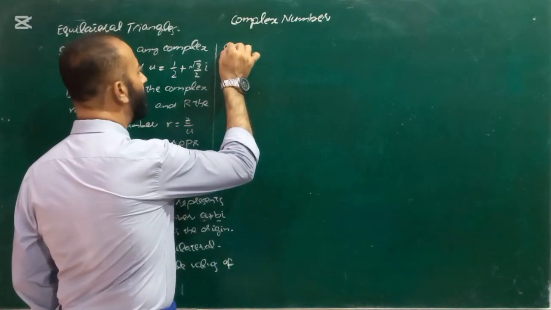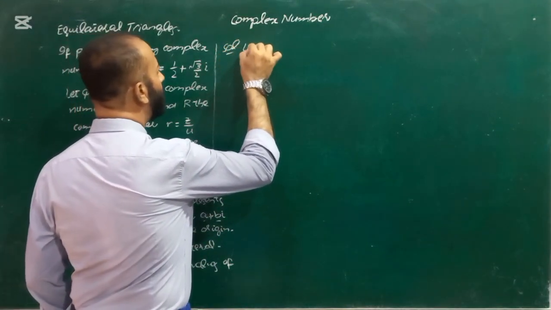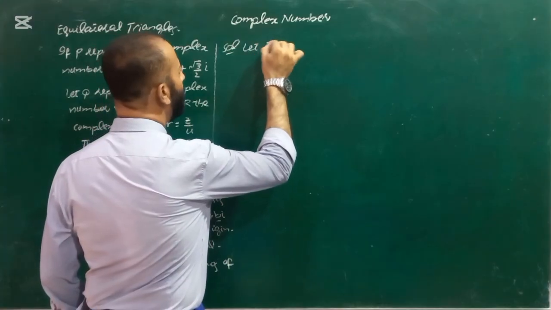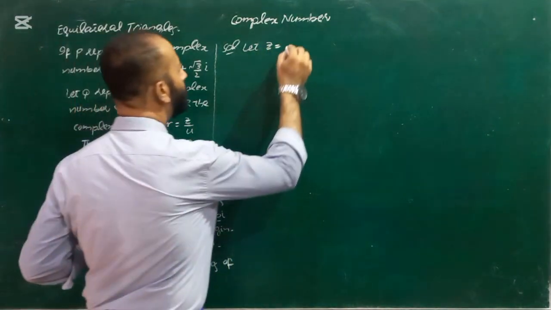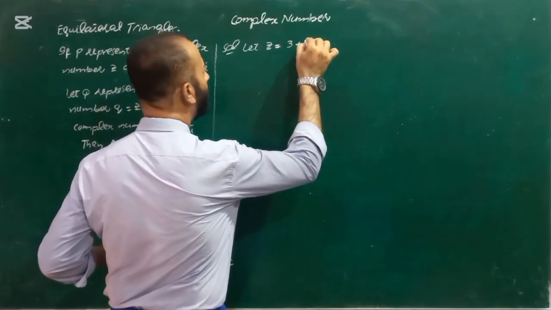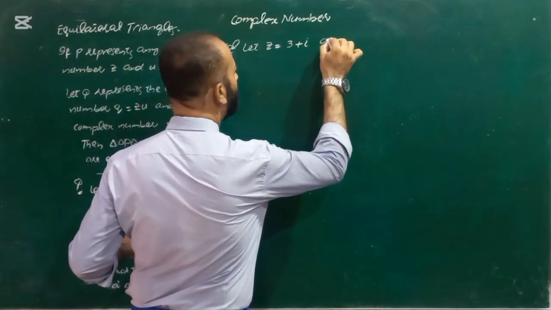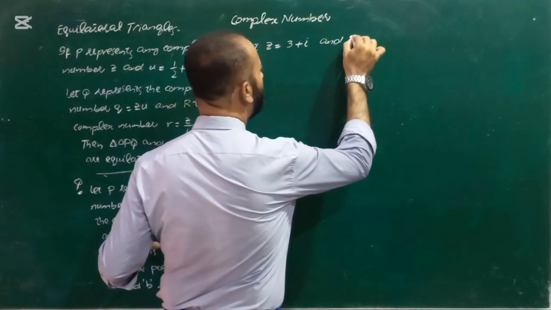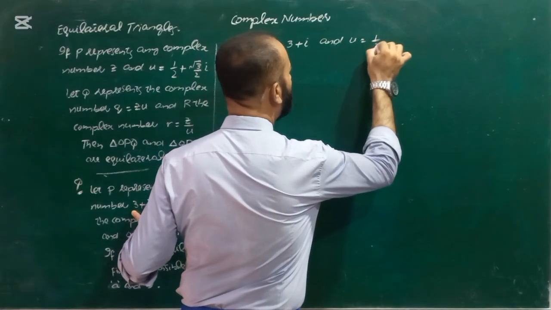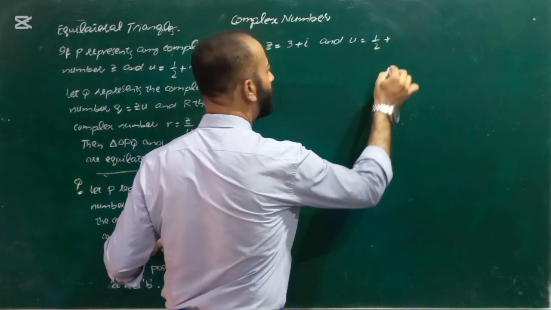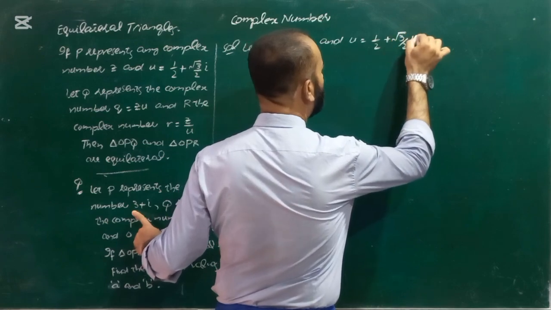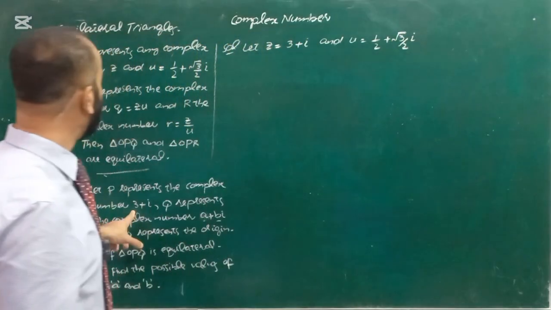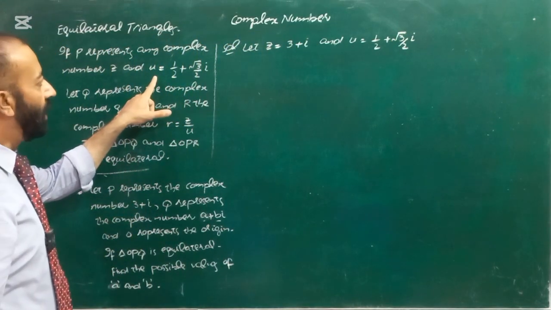Okay, solution is here. Let Z is equal to 3 plus iota and U is equal to 1 by 2 plus square root 3 by 2 iota. So this is the thing.